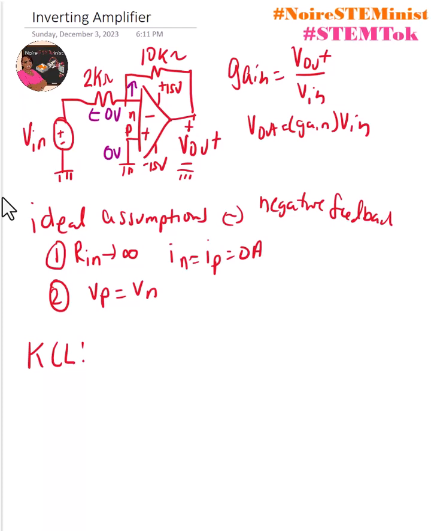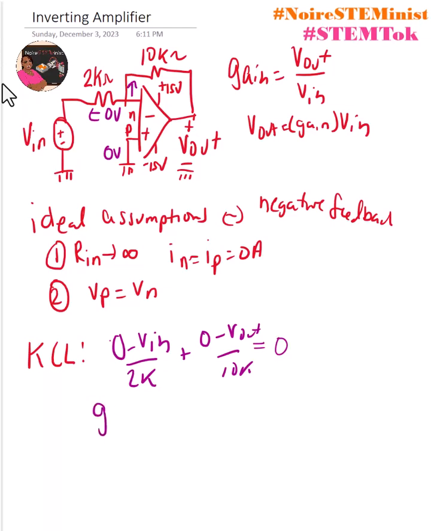So KCL at the negative terminal would be (0 minus V in) over 2K plus (0 minus V out) over 10K. And when we solve, we get that the gain is V out over V in equals negative 10K over 2K, or negative 5.